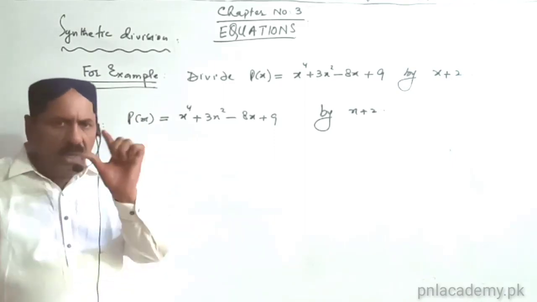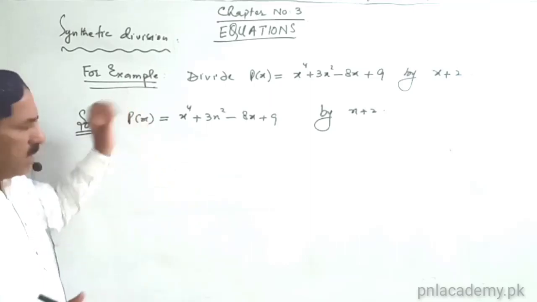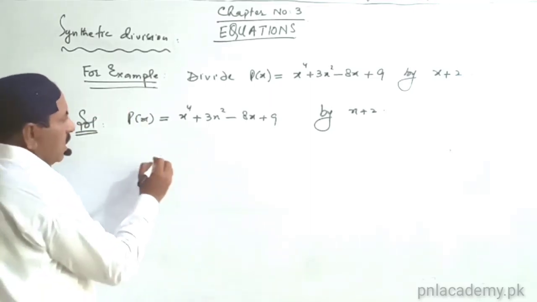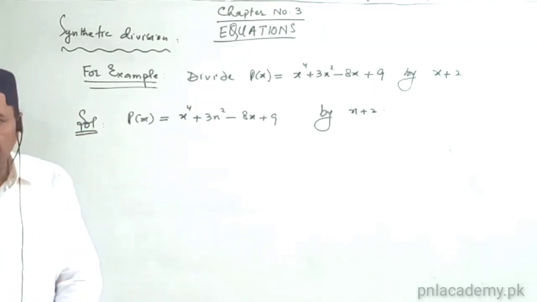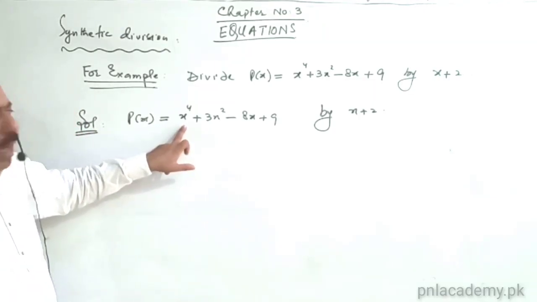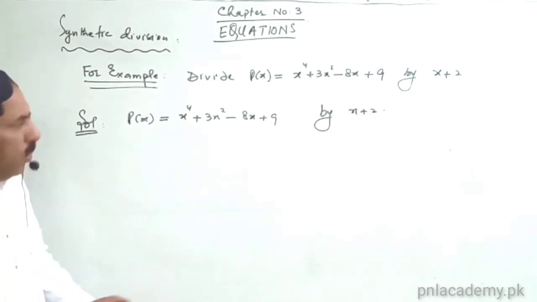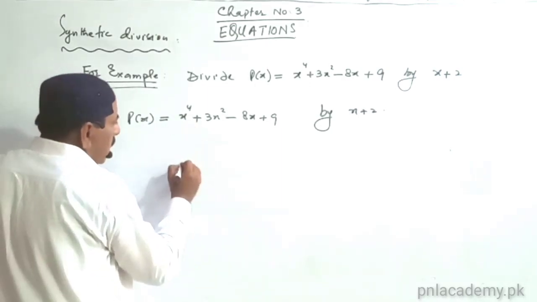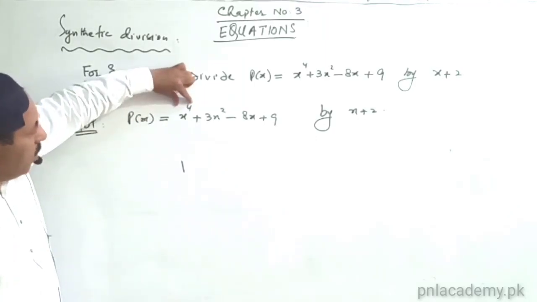So what is the way of finding the actual solution with the help of synthetic division? First of all, we have to write the coefficients of the polynomial. The highest degree is x power 4, so how many x power 4? It is 1 x power 4, meaning the coefficient of x power 4 is 1.